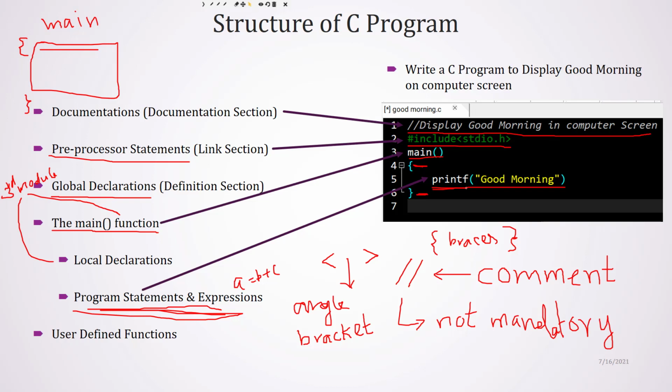If I want to display something on the screen, I have to use printf. It has an opening bracket and a closing bracket, and within that I have given a string. Why is it a string? Because good morning is written within double quotes. So that good morning will be displayed on the computer monitor.